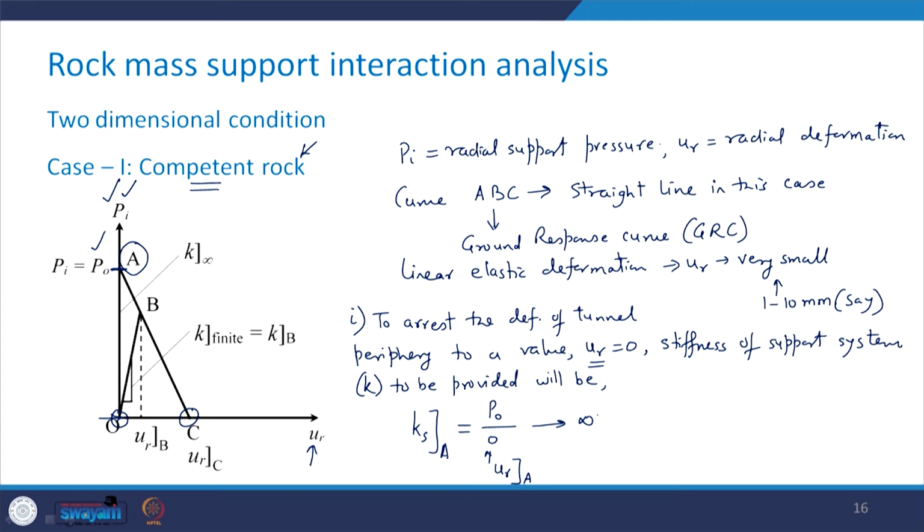So you see, in order to completely arrest the deformation, UR equal to 0, I have to go for the stiffness of the support system as infinity, means very, very large.